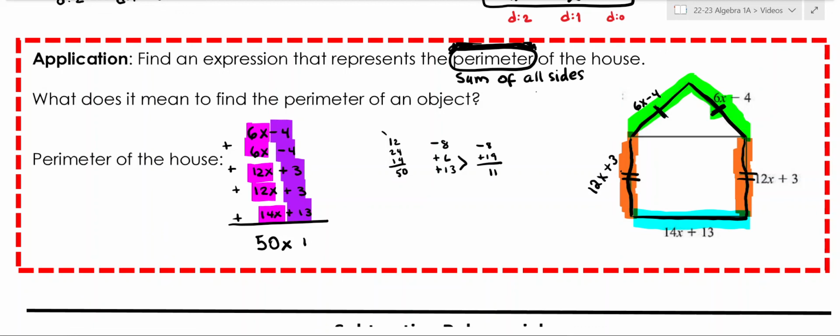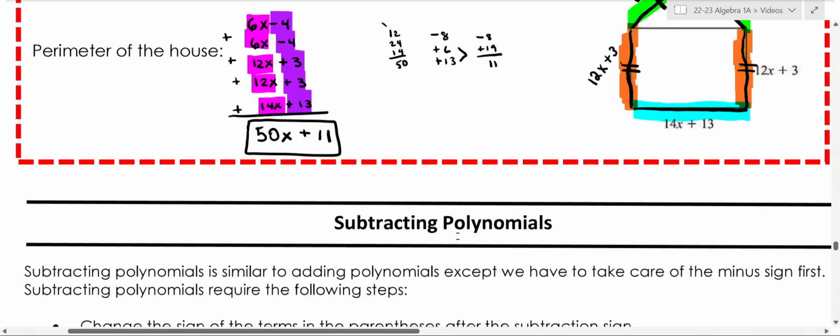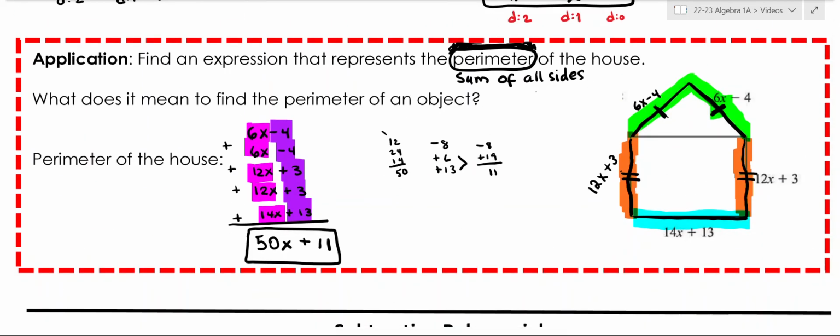And please double check me in the calculator and let me know if I did it correctly. I know it looks like a 7. I don't like ones. Erase. There. And it's already in standard form. Beautiful. Subtracting is next.